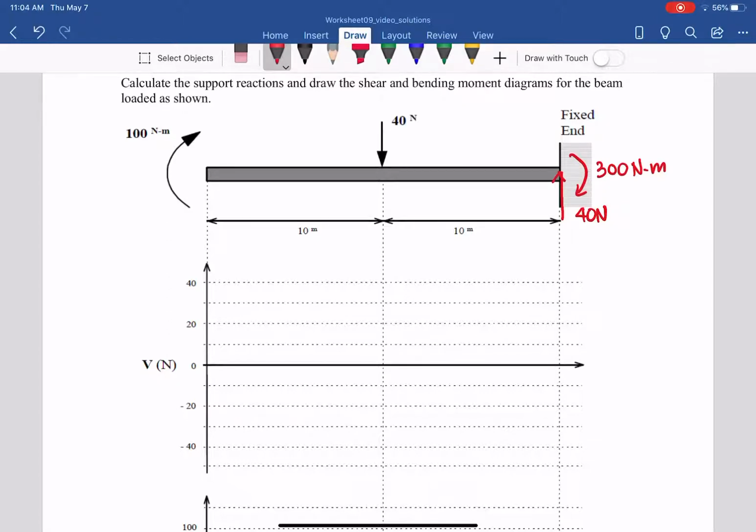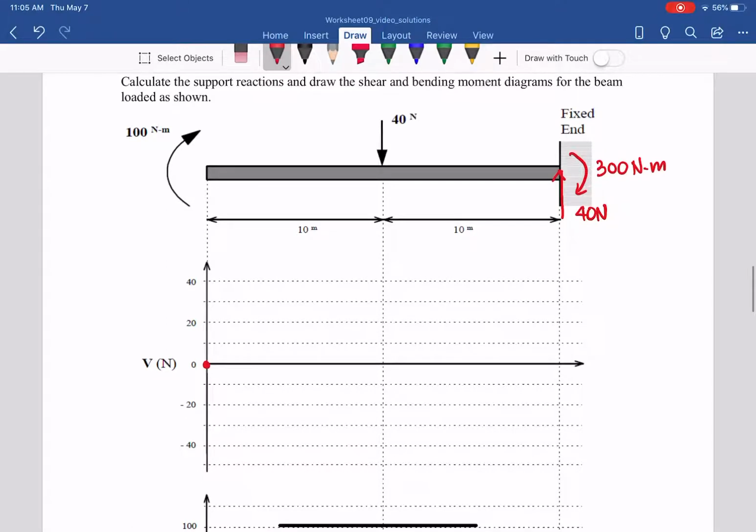So first start with shear, and always start from the left and start with 0. In the first 10 meters, nothing happens to shear. The couple at the left has nothing to do with the shear diagram, as you can see. So the shear will be 0.